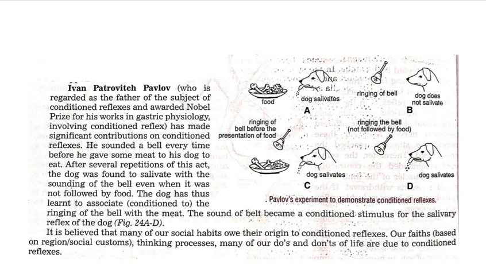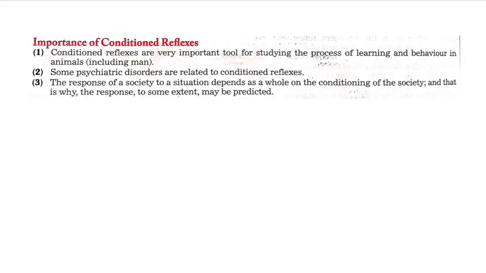It is believed that many of our social habits owe their origin to conditioned reflexes. Our faith in religion and social customs, thinking process, many of our dos and don'ts of life are due to conditioned reflexes. So what we learn during our lifetime is the conditioned reflex.